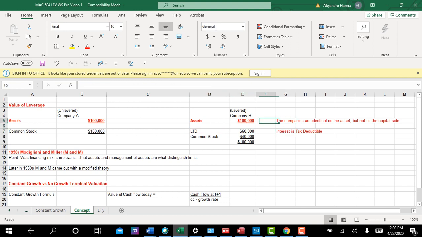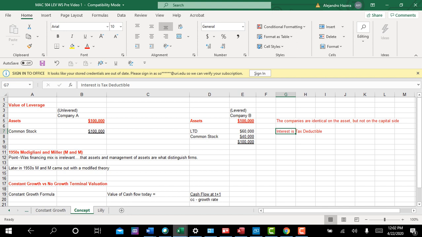So we're going to stick with the concept that assets determine the value of a firm, but then make an adjustment for the tax deductibility of interest, the tax shield, kind of like we did in the capital budgeting net present value examples in class when we actually had classes.